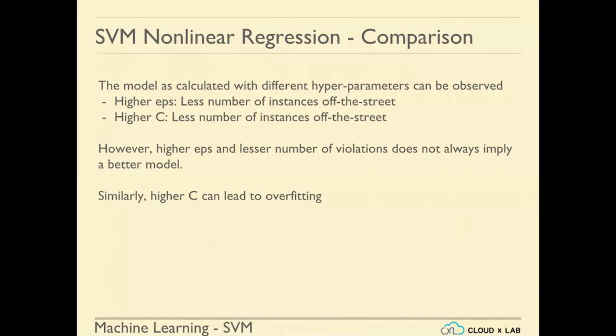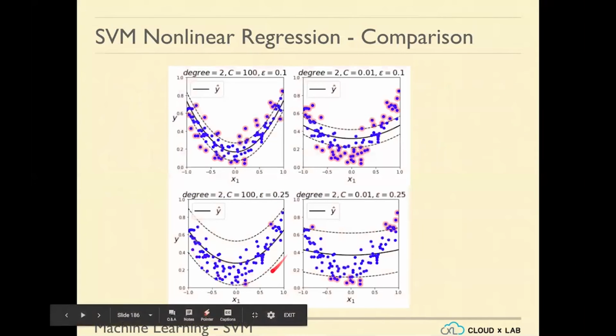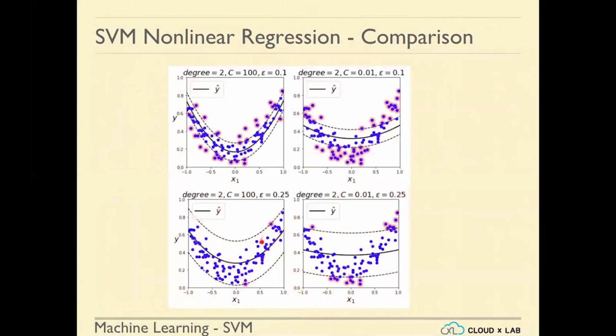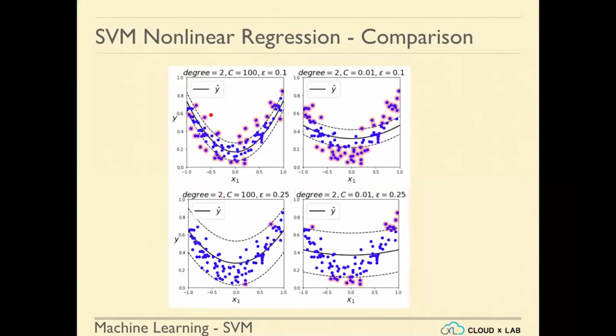So higher C, fewer instances outside the street, and higher epsilon again means the street is going to be a little bigger. You can see the street is bigger, and therefore a higher number of instances are inside.